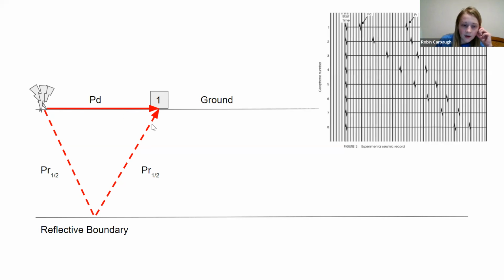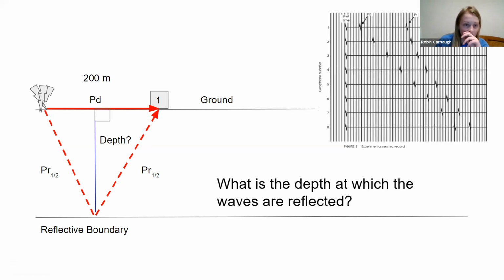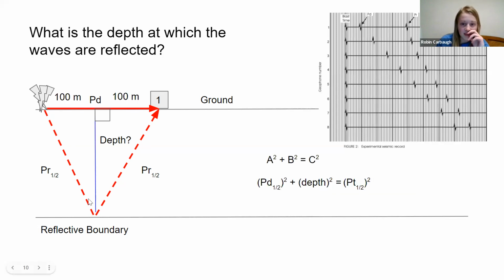So how do we find how deep that reflective boundary is from this? Well, there's 2 ways you can do it. So yeah, we're trying to find depth. You can either use the Pythagorean theorem, since with this we have a triangle, so we have everything we would need. PD for station 1 would have been 200 meters.